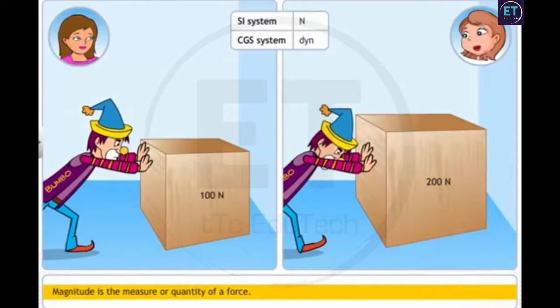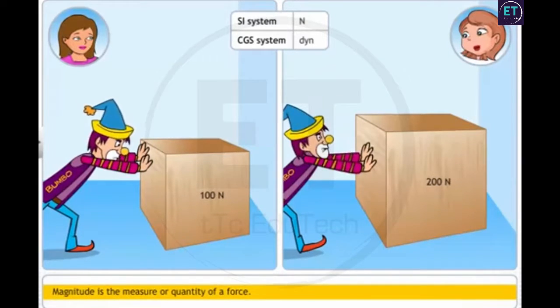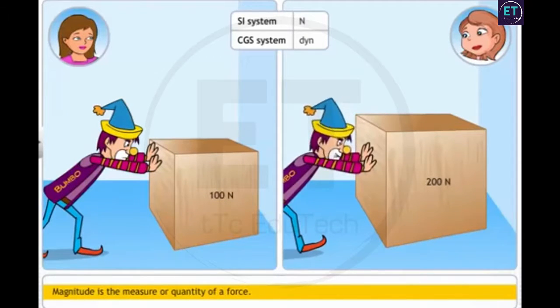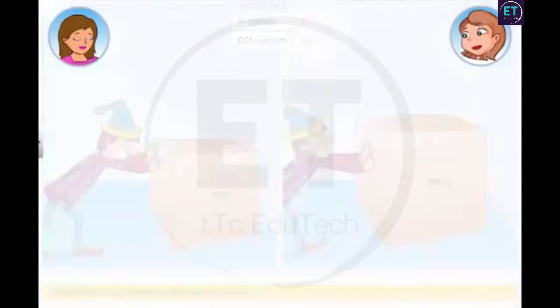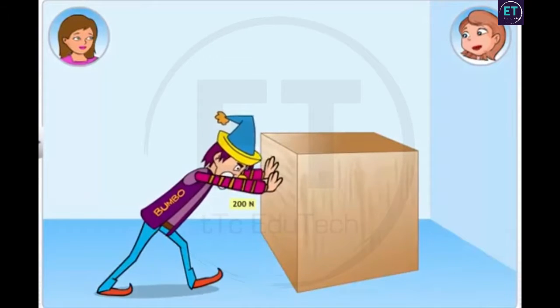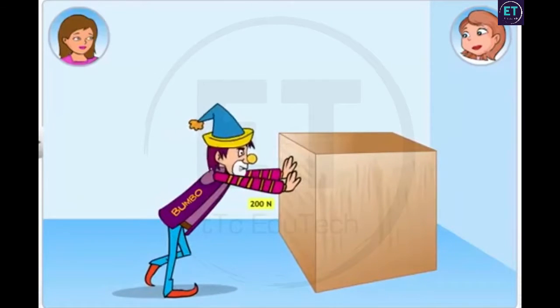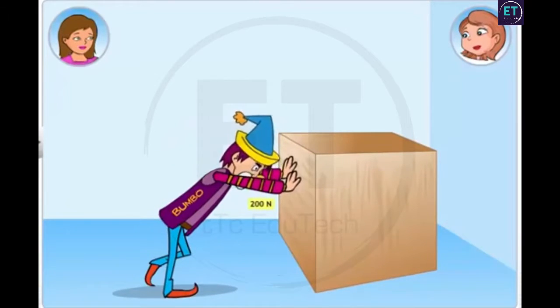Look at Bumbo trying to push the 2 wooden blocks of different sizes towards the wall. He had no problems pushing the smaller block, but he seems to be struggling with the larger block. There, he's done it.